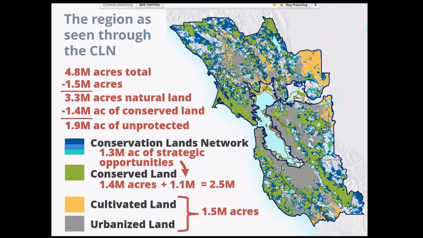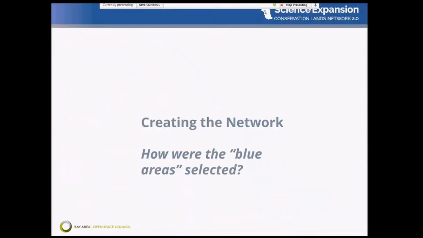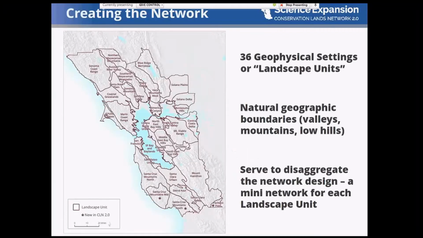So how do we get to those blue areas? This was the heart of the analysis for the network. The first step is to break up the region into different geophysical settings. And this is a conservation planning 101 type thing to do in order to localize what you're prioritizing. So we call these, in Conservation Lands Network speak, landscape units.